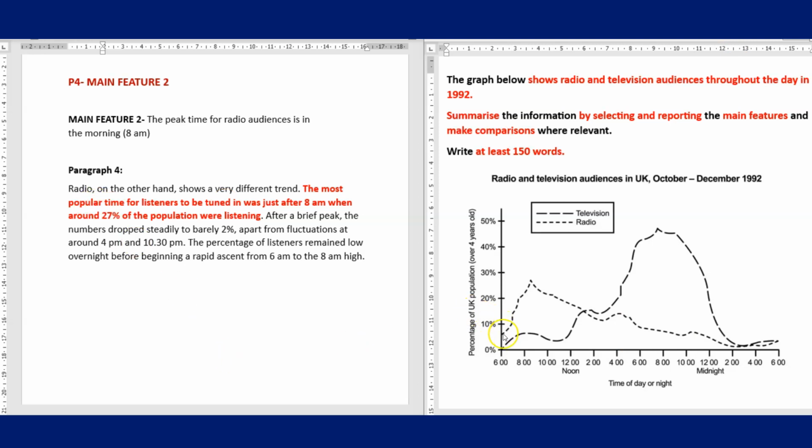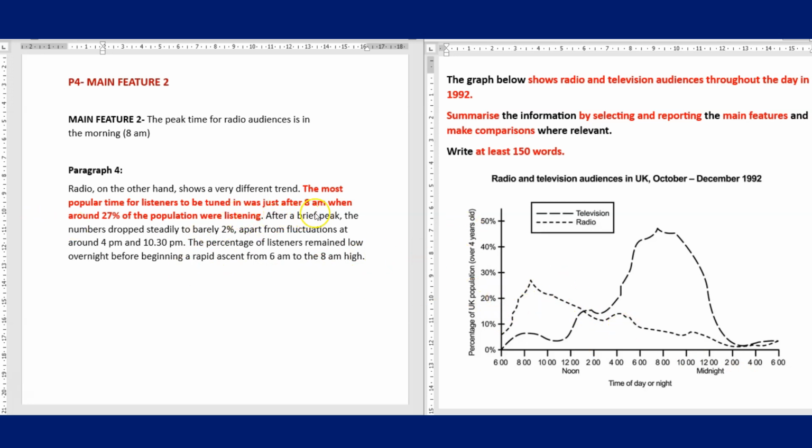The audience just shot up to about 27% and then came down steadily to about 2% here. All right, you can see that, not talking about every single point, but you have to coin it in. Except for these fluctuations that happened, it just went down slowly, steadily, or moderately. Actually, this is moderate.